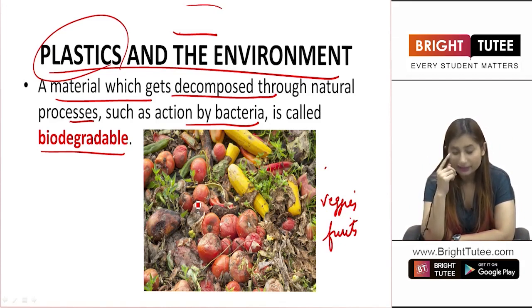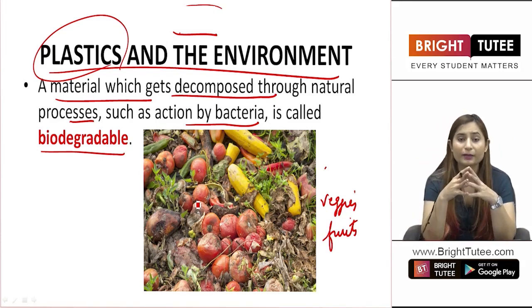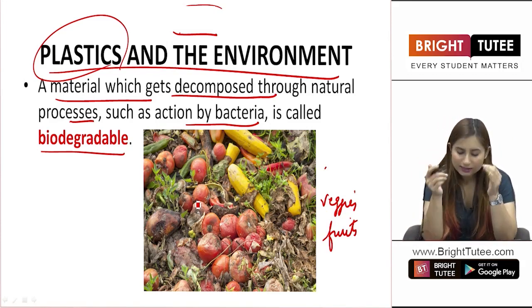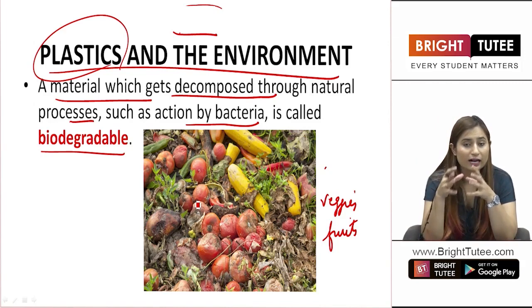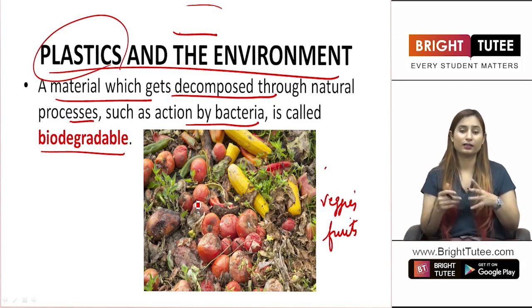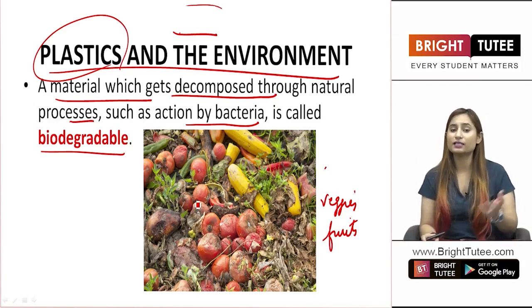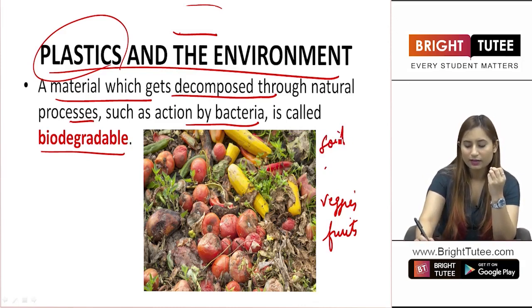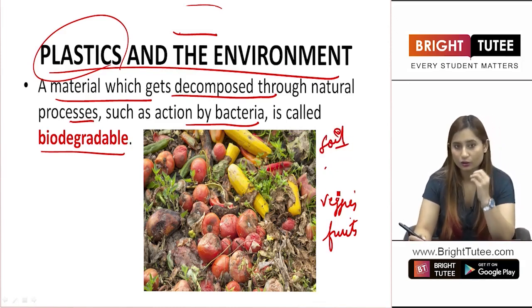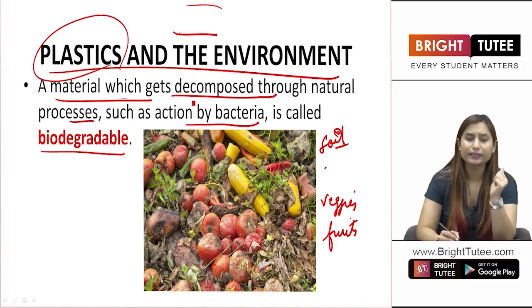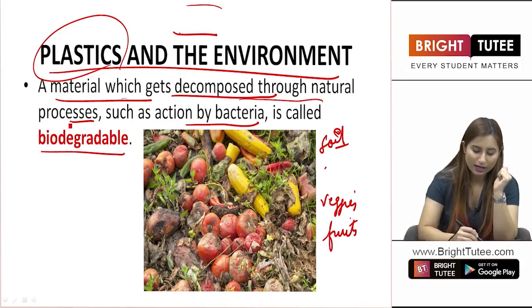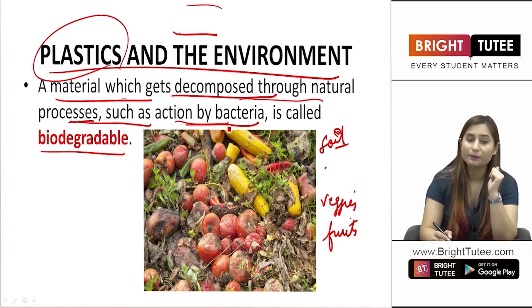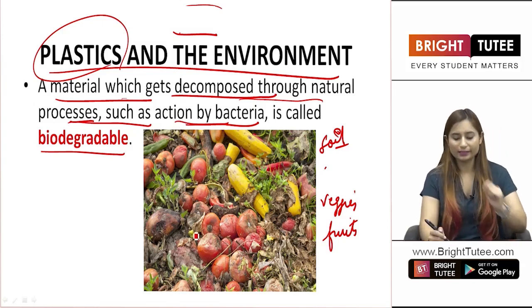They get degraded by the action of air and the action of bacteria. So, this kind of waste is good for our earth because it gets disposed easily. It does not cause any harm to the environment. They settle in the soil and do not cause any harm at all, right? So, a material which gets decomposed through natural processes such as action by bacteria is called biodegradable.